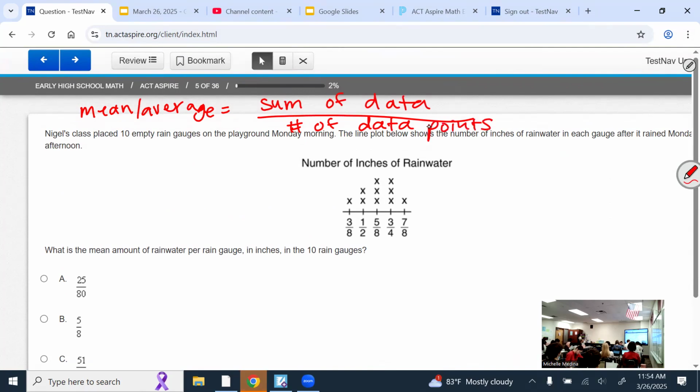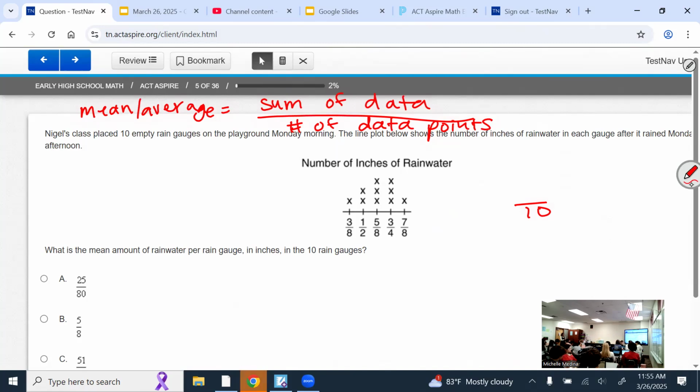So each little X here is a data point. This is, I forget what they're called, dot plots. We're saying we had 1 3/8, 2 1/2, 3 5/8. So when I'm finding the sum, I'm going to add each of those numbers individually. And then I'll be dividing by 10 because that's how many numbers will be added.